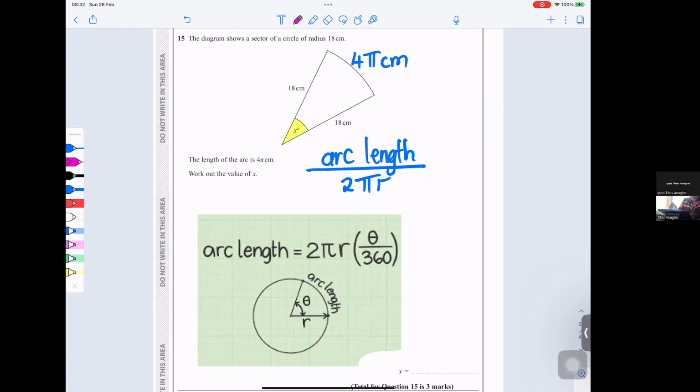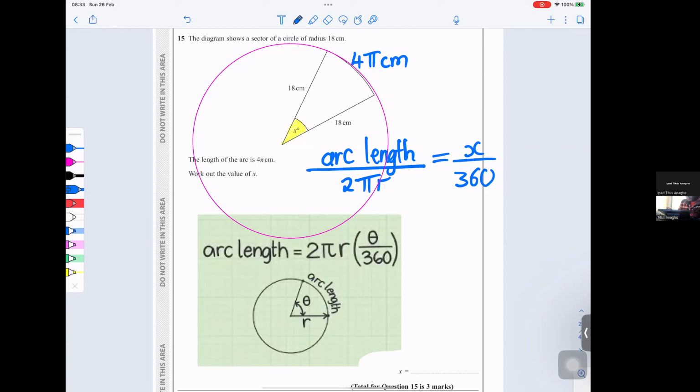So imagine a circle. So the part of the arc of the circle divided by the circumference is equals to the angle x divided by the total angle. And you want to solve that equation.